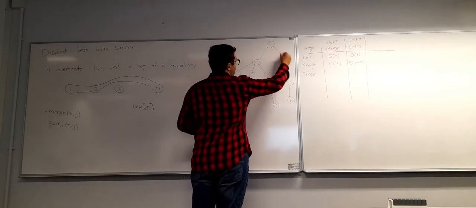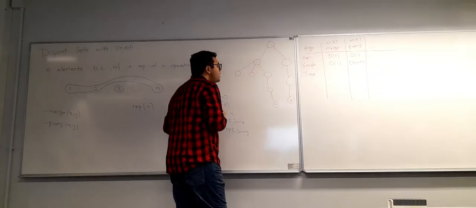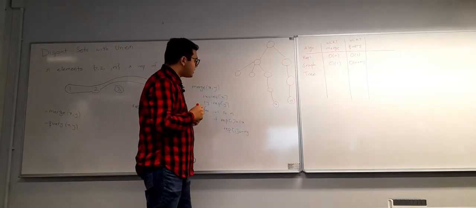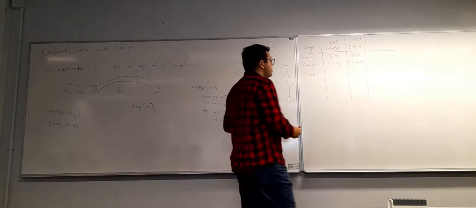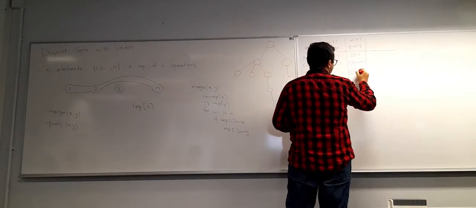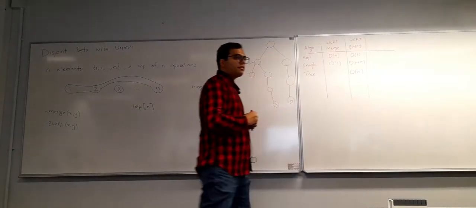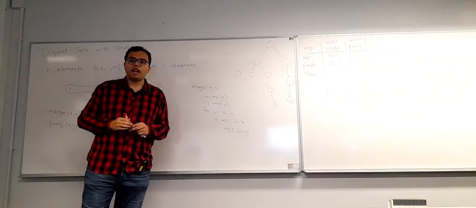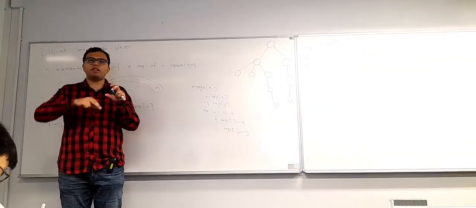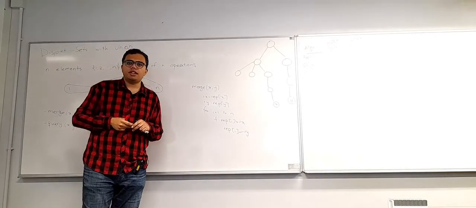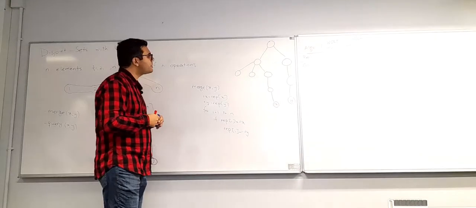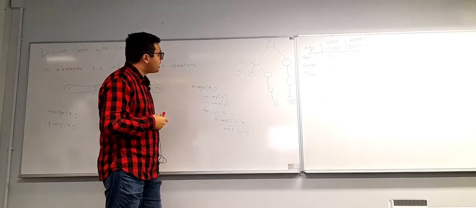For example, if the situation is like this, then I say x and y are in the same set, otherwise they're not. Okay, so now my query takes order n time, right? Because I'm in a tree and I'm starting from my vertex and I'm just going up. And I can go up at most n minus 1 times, right? So my query is order n.